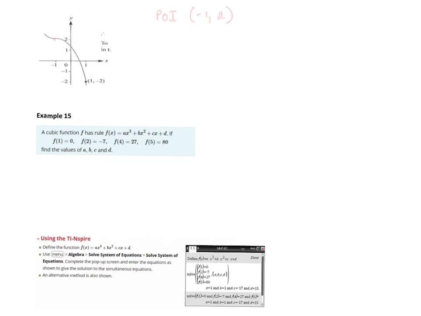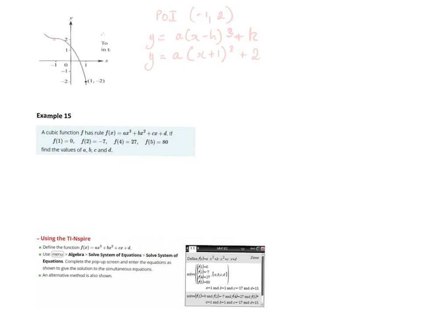So I'm going to use that format, y equal to a outside of x minus h, sorry, that should be cubed because we're doing cubics, plus k. And I'm going to substitute in my point of inflection, which is y equal to a, so x plus 1, because it was minus h, plus 2.